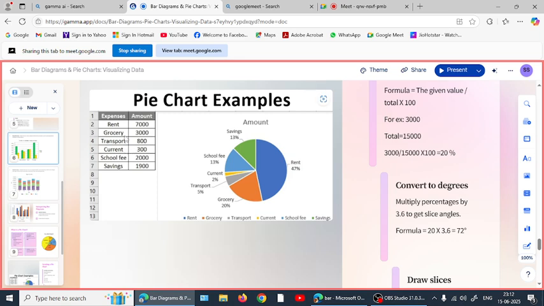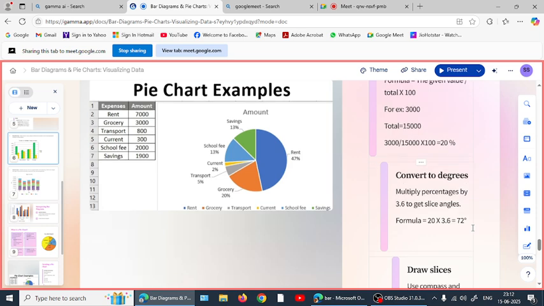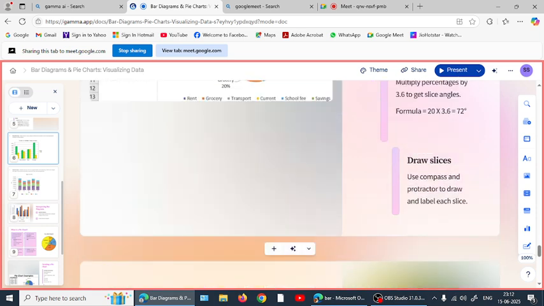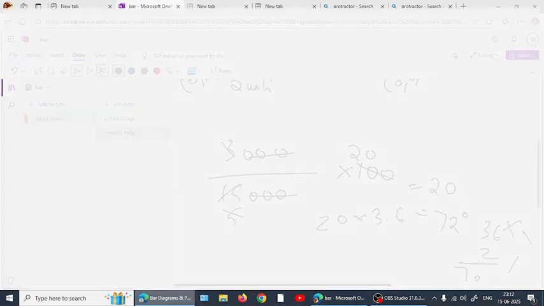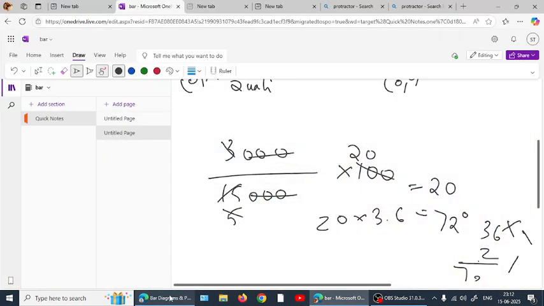First we put a value and divide it by the total, then multiply that result by 100, and we get the percentage. That percentage should be multiplied by 3.6, then we get the degrees. From that degree we can draw the slices. I will show how to draw the slices.